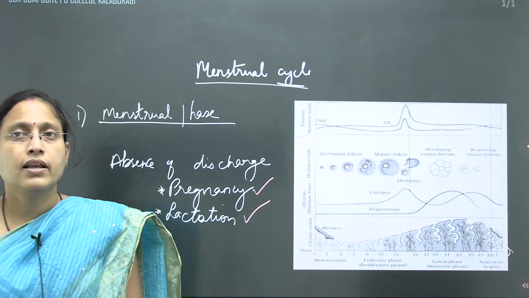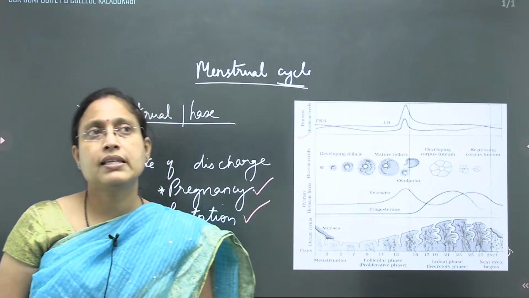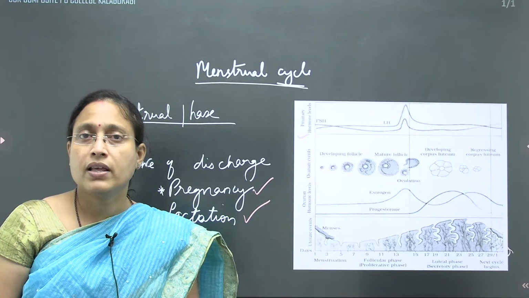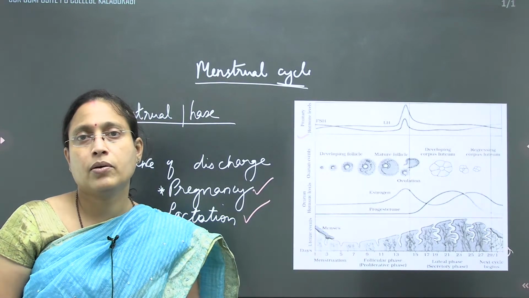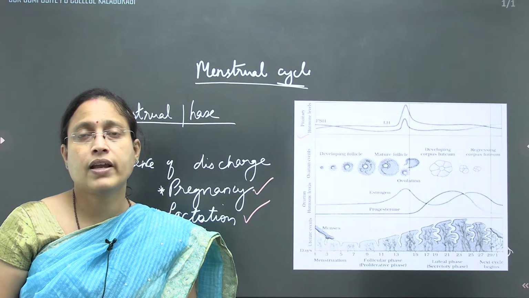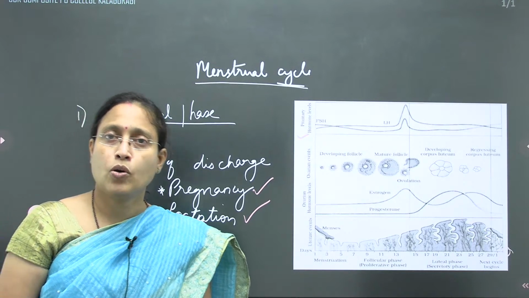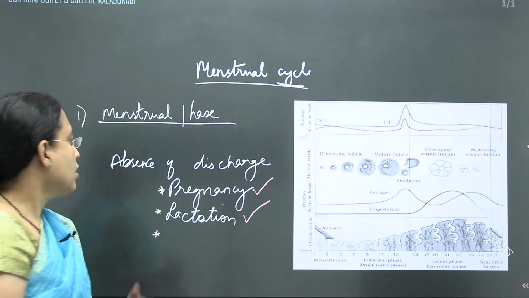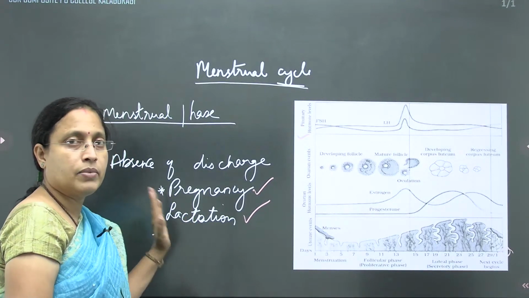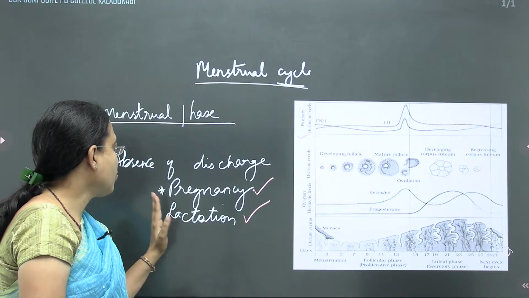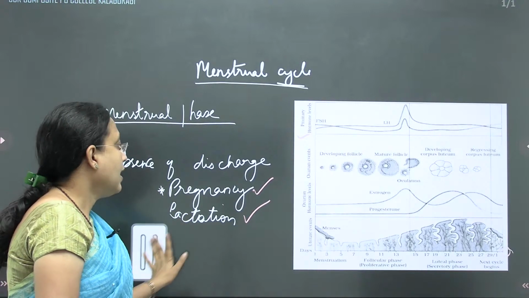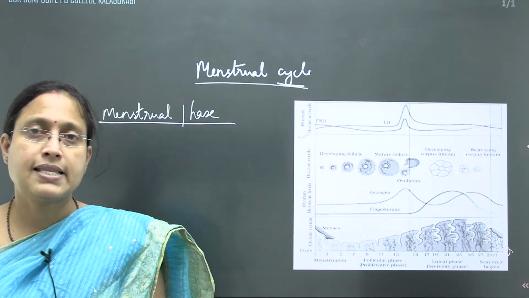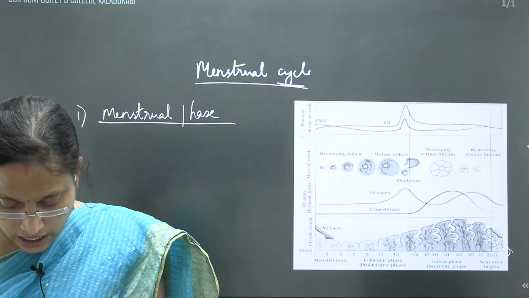If a person gets a hormonal imbalance due to stress, environment, or other factors, even then there is no menstruation. But commonly menstruation is absent in pregnancy and lactation.